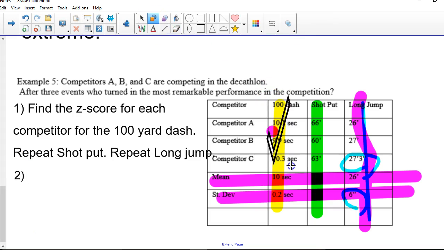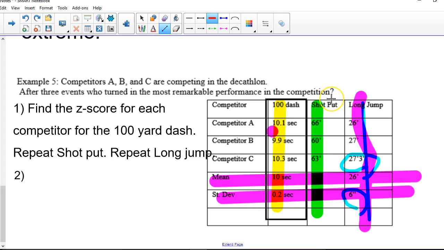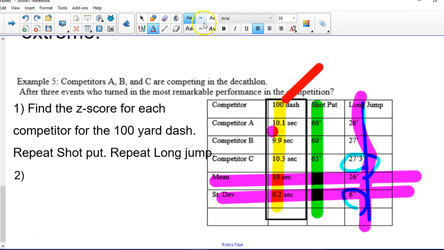Those of you who run track or anything that has to do with time know that in this case you do want to be below the mean. But in the shot put, you want to be above the mean, as well as the long jump, because there you're going for above the mean, farthest away from the average. In running, though, anything with time, you want to be below the average.